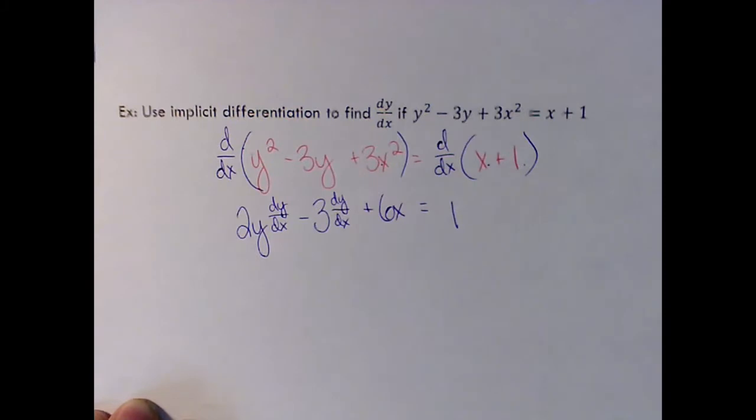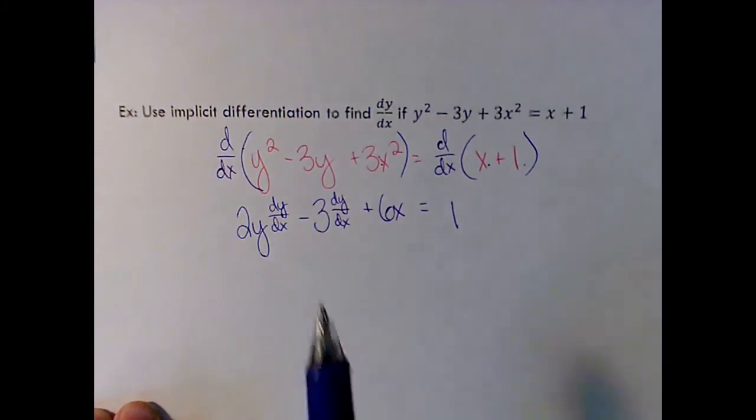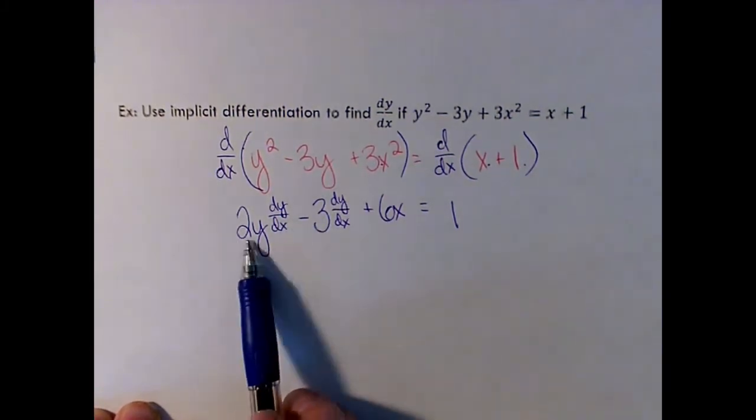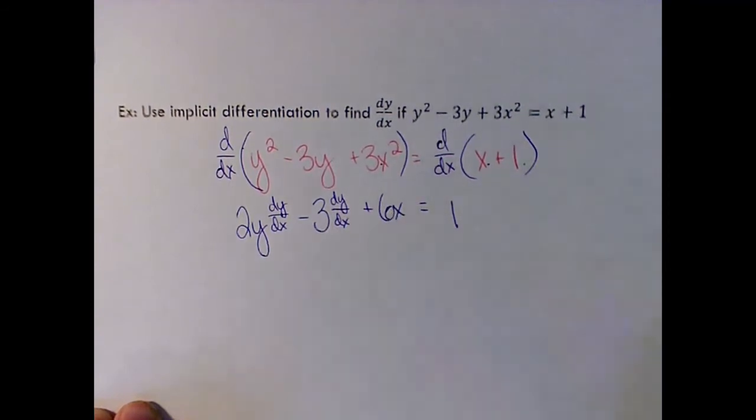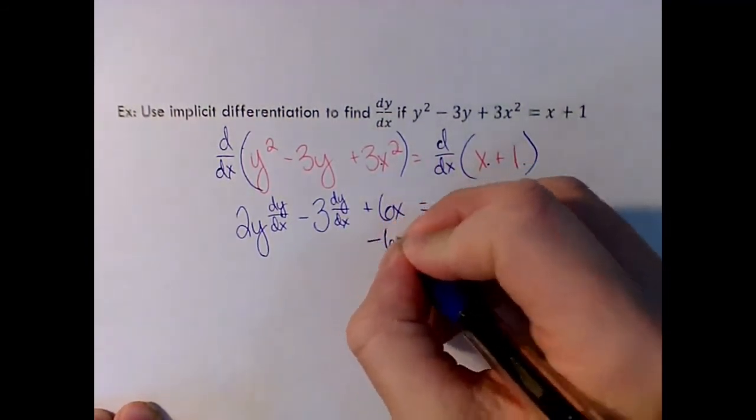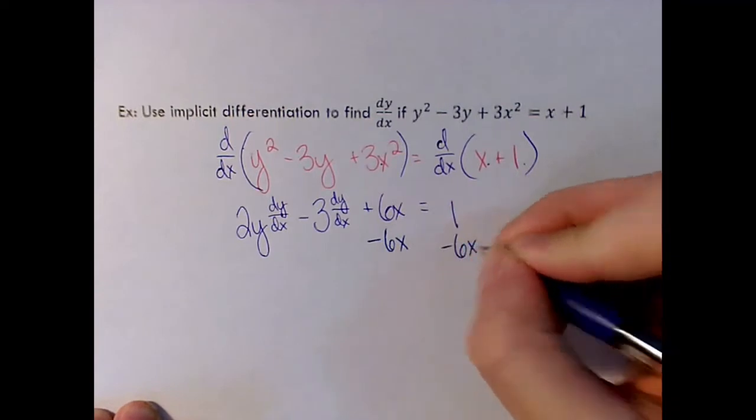Step 2 is anything that has a dy/dx attached, keep it or move it to the left. If it doesn't have a dy/dx attached, keep it or move it to the right. So that has a dy/dx, I'm going to leave it on the left. That has a dy/dx, I'm going to leave it on the left. That doesn't. So I'm going to subtract that from both sides and move it to the right.